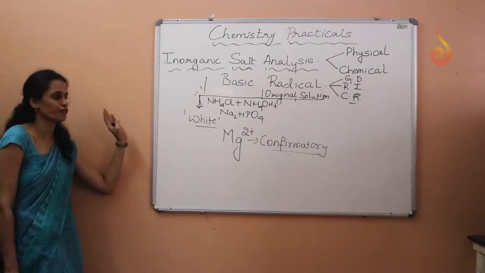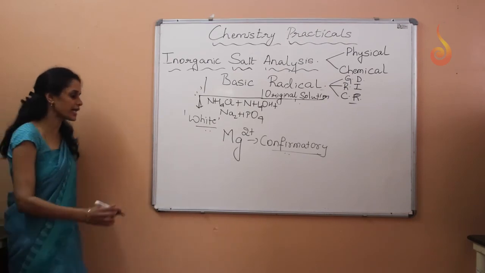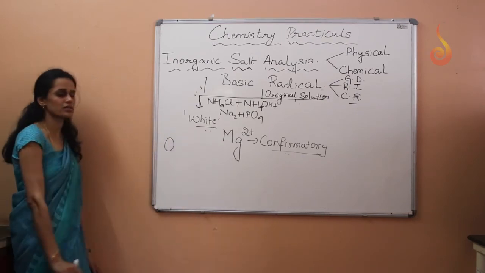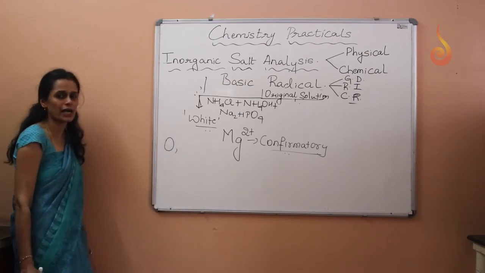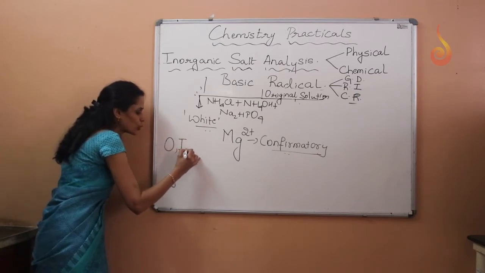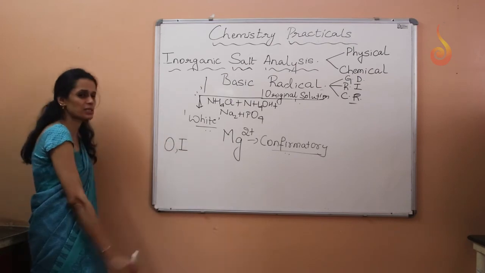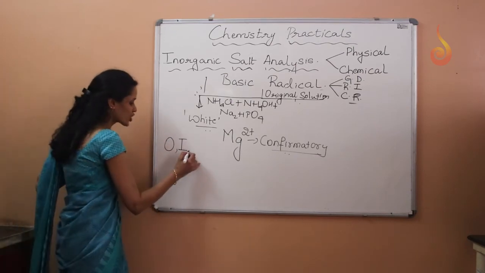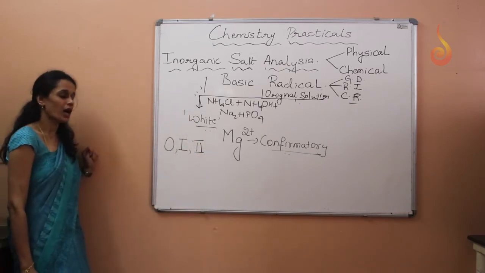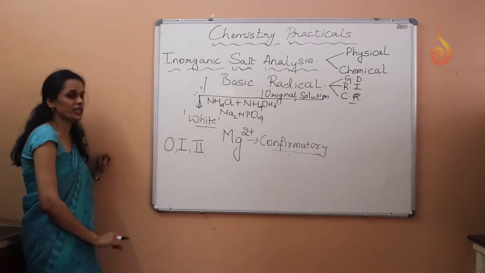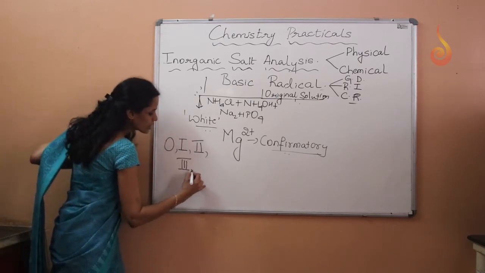So in short, first we'll check whether zero group is present or not. If there is no evolution of gas, then we'll check whether first group basic radical is present or not. If there is no precipitate after adding group reagent, then we go for second group. Again, if there is no precipitate after adding group reagent, we'll move on to third group.